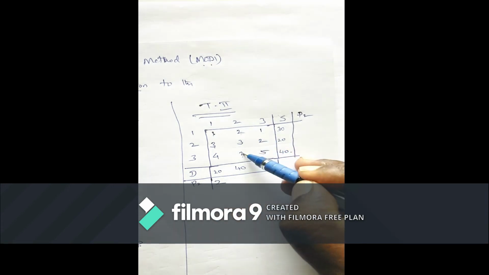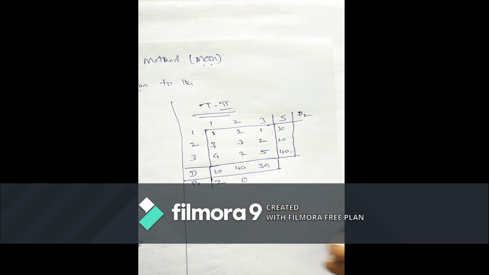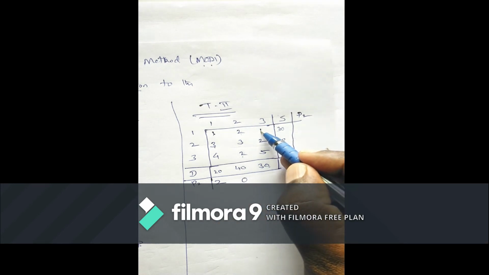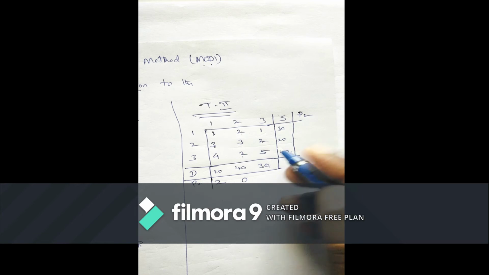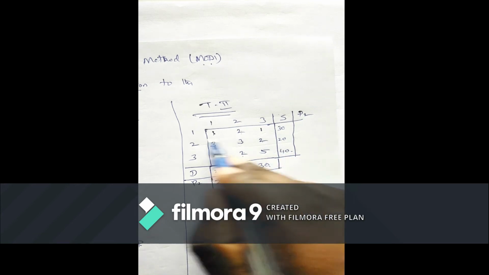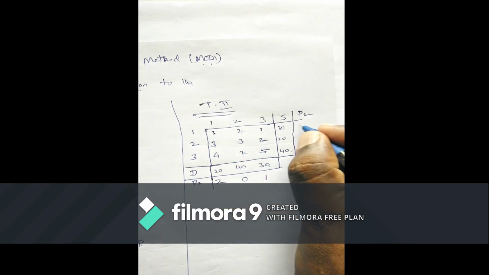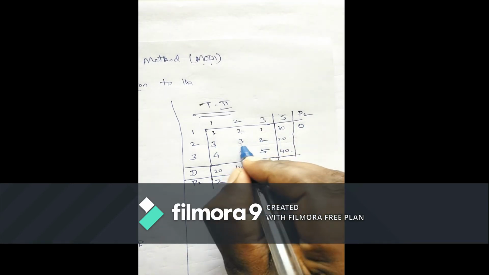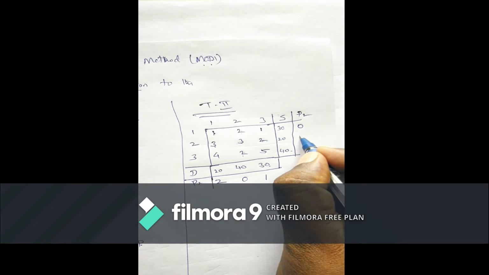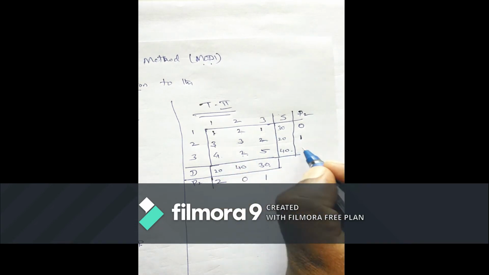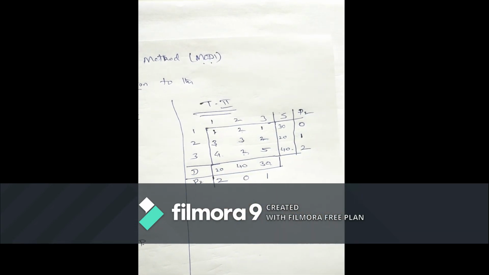There are two minimum values, so difference is 0. Minimum value 1, second minimum value 2, so difference is 1. Same way, row wise. There are two minimum values, so 0, 3 and 2, difference is 1. 4 and 2, difference is 2.